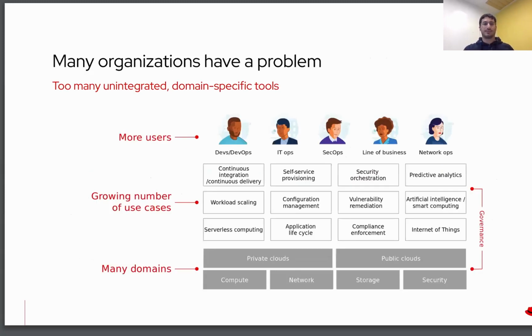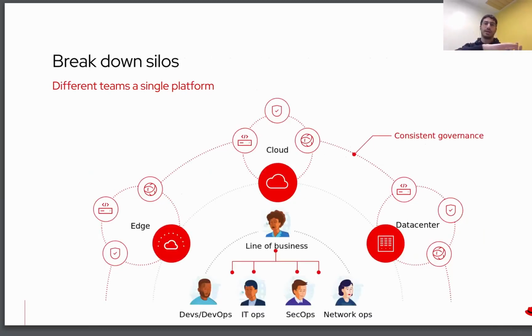And if you then start to map people and processes, what you end up with is a grid. So the only way it can really work is if you are able to create a consistent governance across all the various topics that embraces all the processes. And that is how you break down silos and so on.